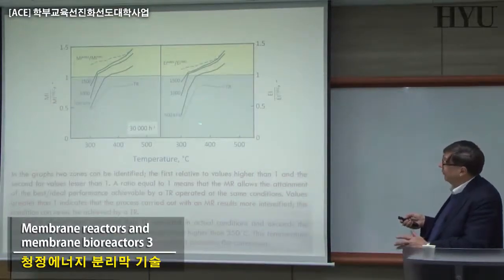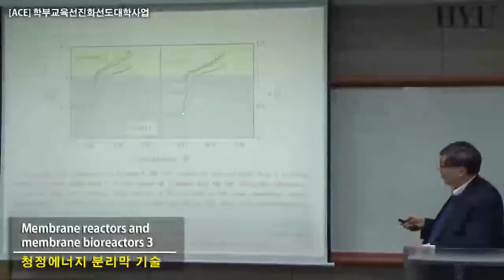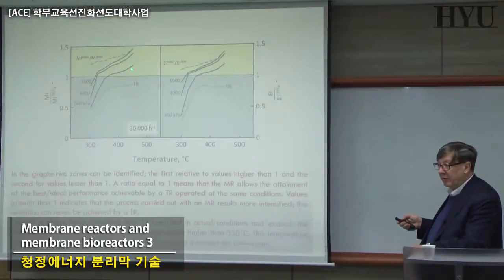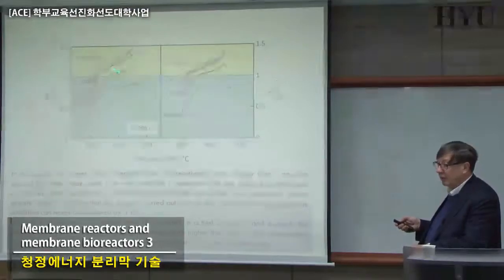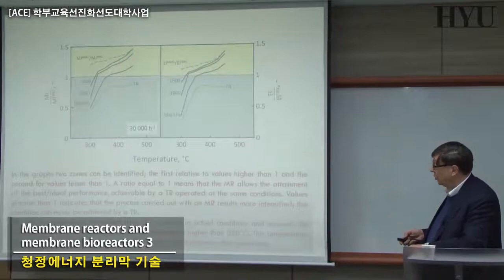If you make all the calculations, you will see that there is no way for traditional reactors to overcome this limit of 1. Only with membrane reactors can you have a situation in which this ratio is higher than 1, which shows the benefits of working in this way.